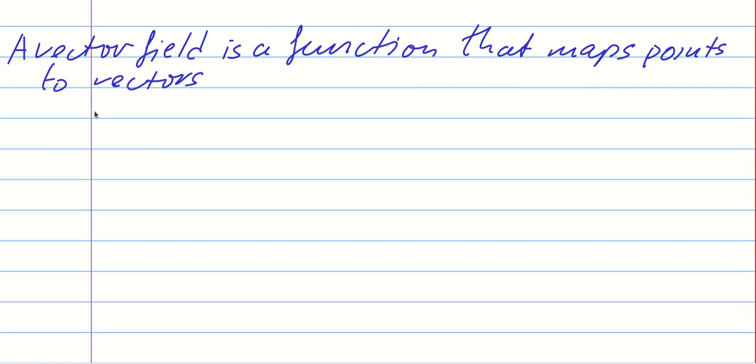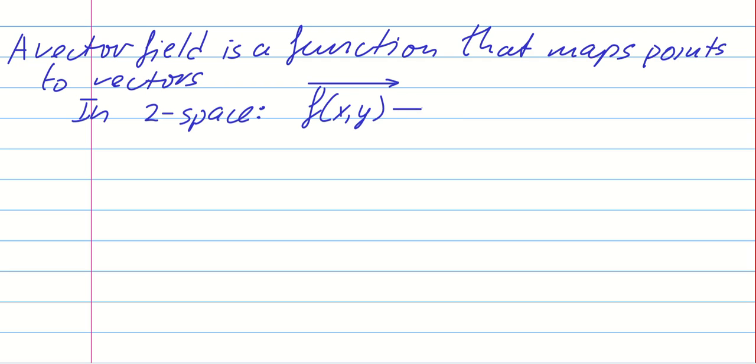So if we're in 2D space, then our function of x and y would map it into the vector u, v.